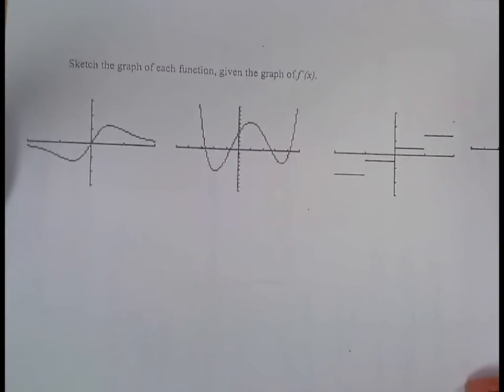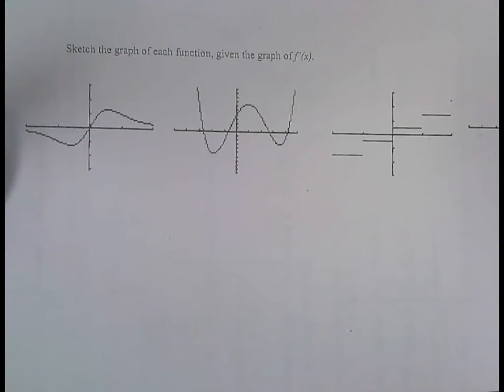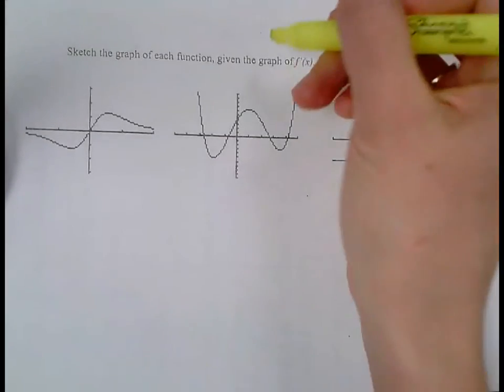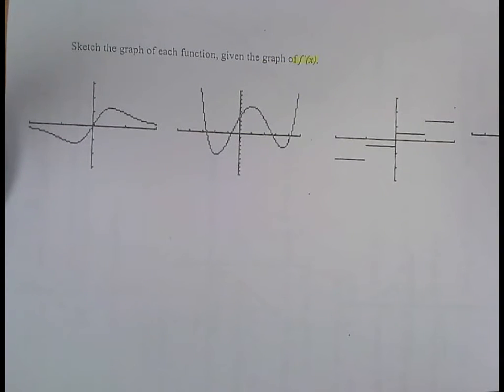And then the following page, because you can start on this as well, this is practice for you in graphing antiderivatives. So these graphs you are given are all graphs of the derivative f prime, and you are sketching the graph of f.